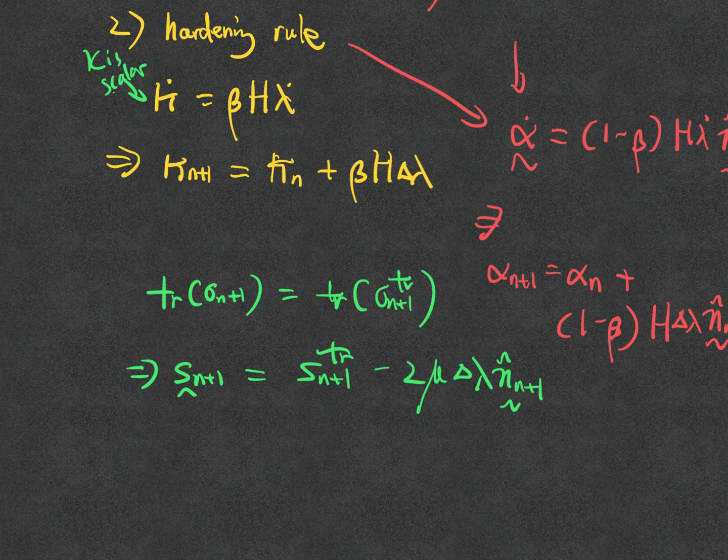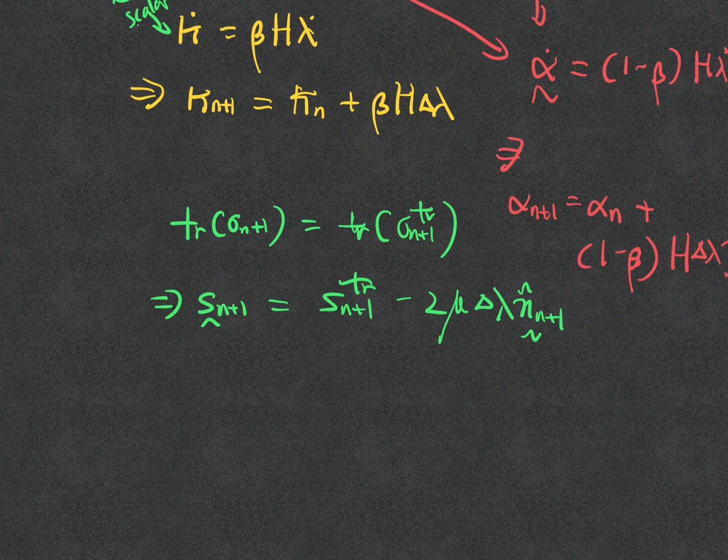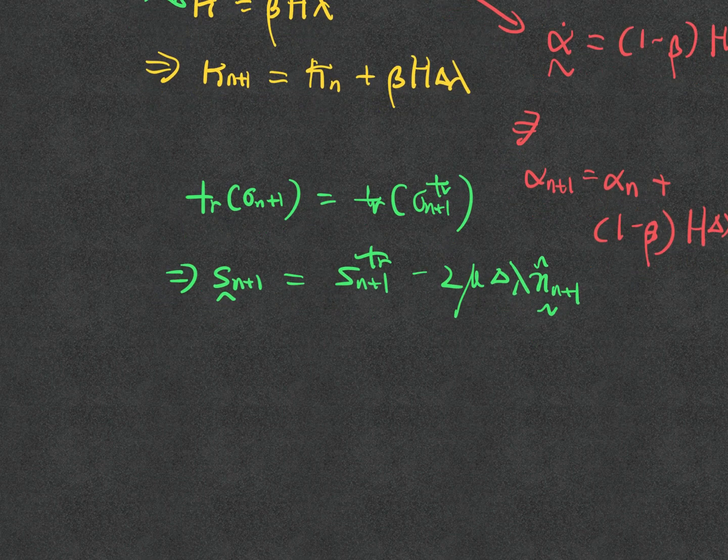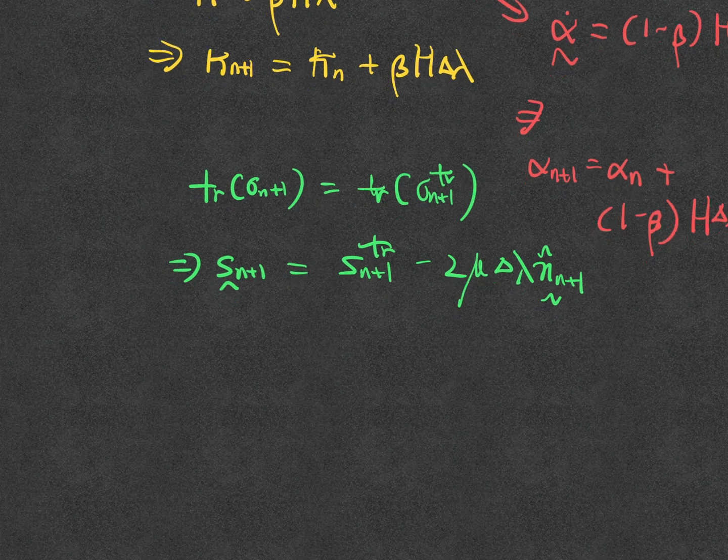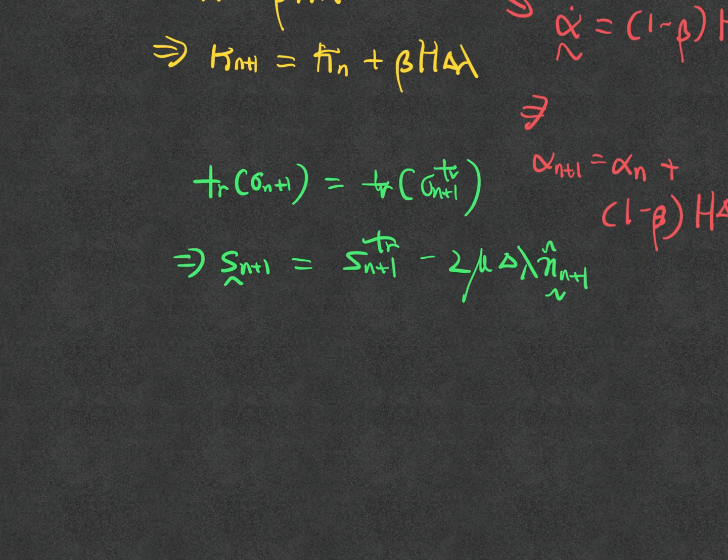Under the assumption that the elasticity is isotropic. If it's anisotropic, then what happens? If it's anisotropic, then if you apply a volumetric strain to it, it would develop deviatoric stress and vice versa. So that needs to be thought about more carefully. Depending on the particular direction of the plastic flow, you can get different responses.